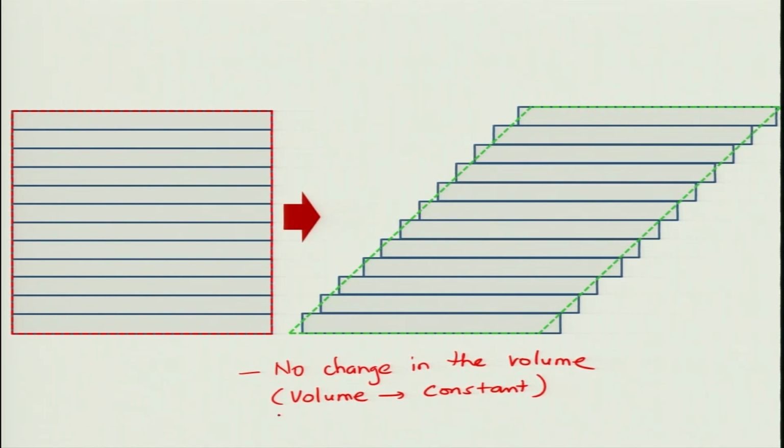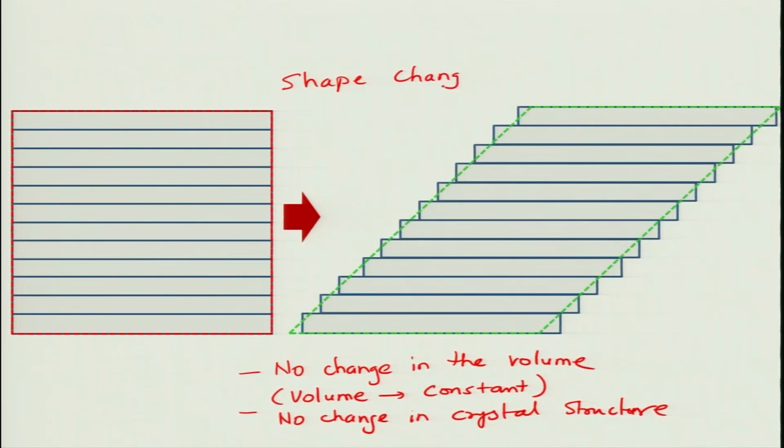There is no change in crystal structure, which means the crystal structure of the material does not change. So, the volume does not change, the crystal structure does not change, you only obtain what we call shape change, and this shape change is permanent, and this is basically what we call plastic deformation.